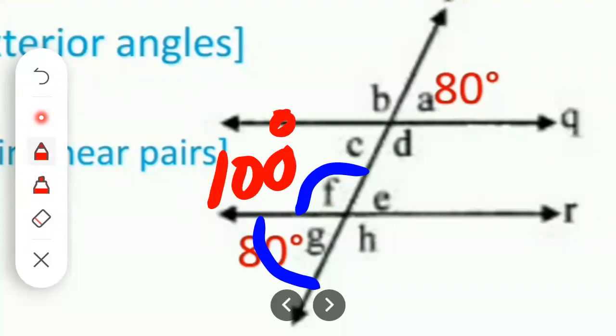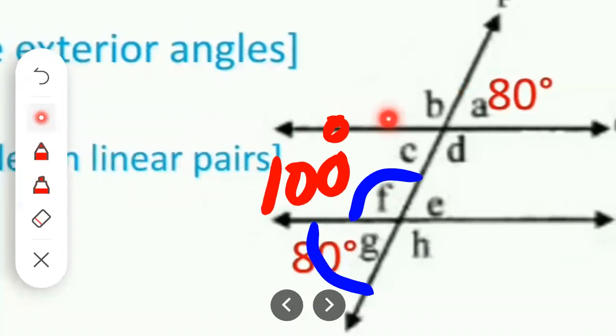So F will be 100 degrees. Or you can use the property that if A is 80, C will be 80 because of vertically opposite angles. And if C is 80, F will be 100 because those are interior angles.